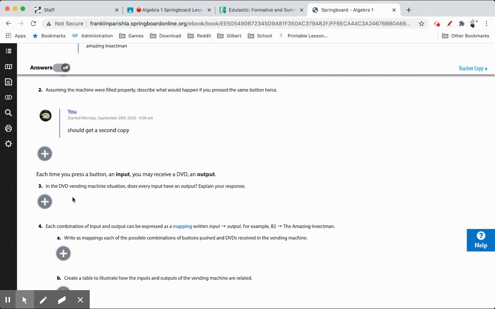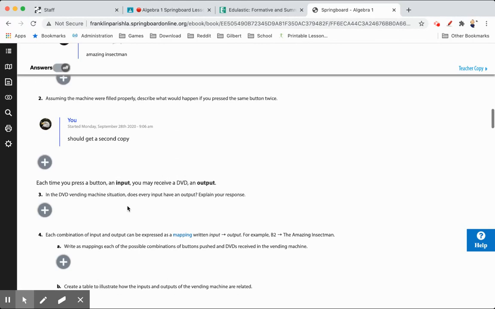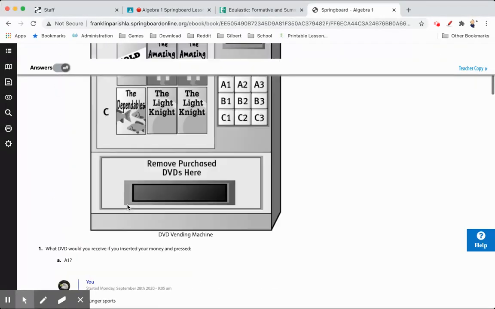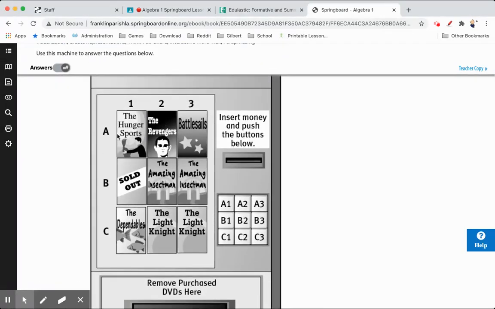In the DVD vending machine situation, does every input have an output? And explain your response. Well, let's look at it. If I put in A1, I get something, A2, A3. I do not get anything if I put in B1 because it's sold out. I get B2, B3, C1, C2, C3.